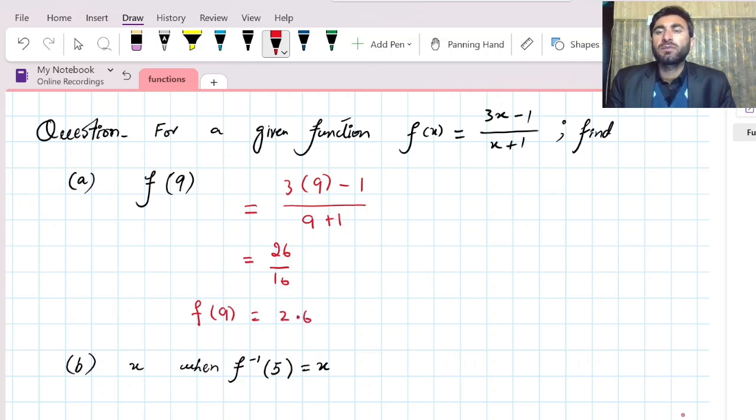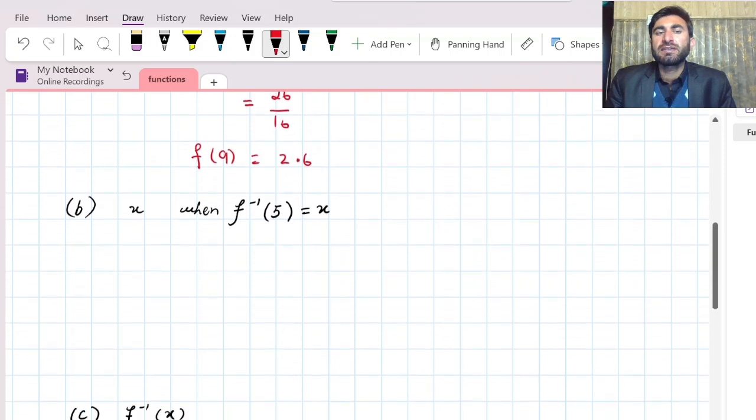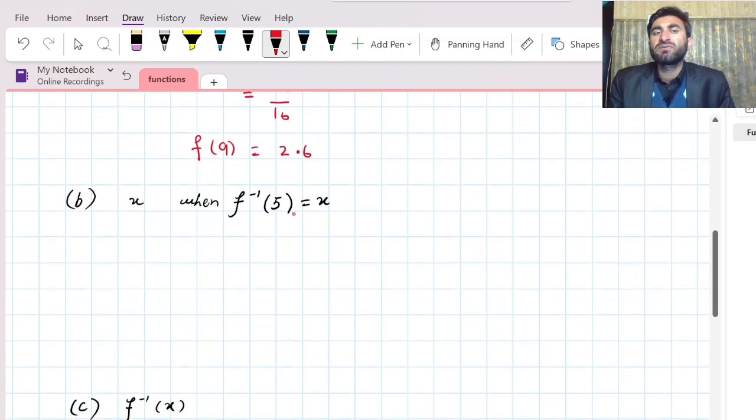2.6. Now coming to the b part, where he said find x when f inverse of 5 equals x.